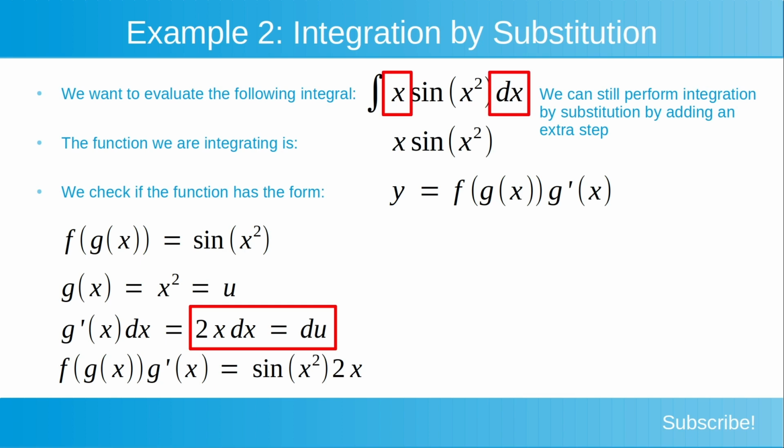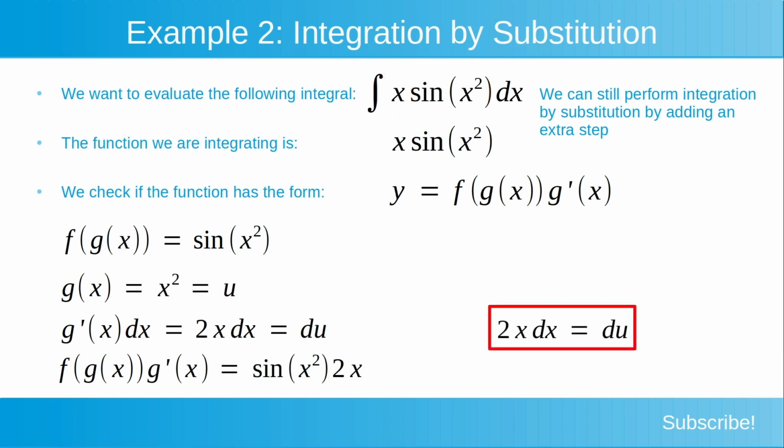We have x dx. Now, this is where we do our extra step. We take our equation, 2x dx is equal to du. Now, what we do here is we calculate what x dx is equal to in terms of du.